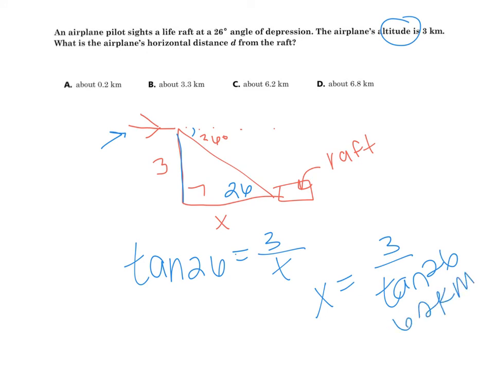And if you notice on these questions, unlike the angle of elevation, we don't have to add something at the end. Angle of elevation is usually when you have to add an extra value to the end of it. Angle of depression is when you have to switch using the angle inside the actual triangle that's created.